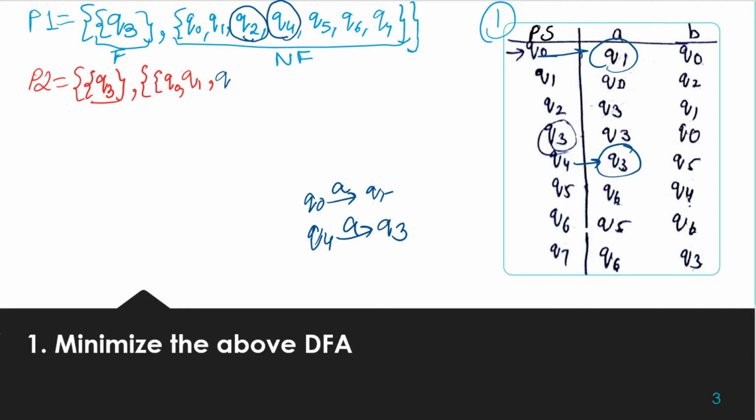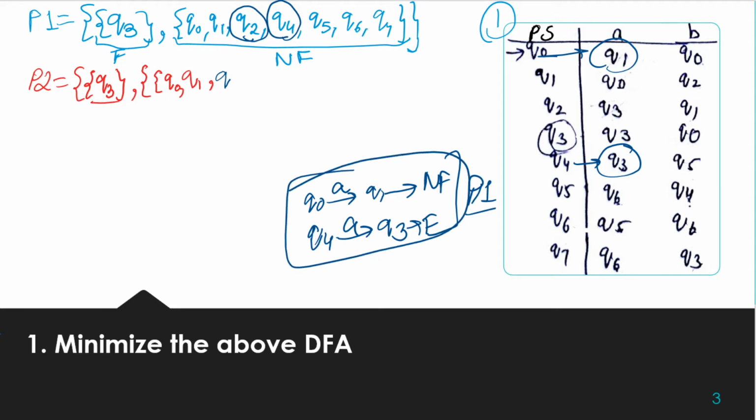Again, Q1 belongs to the group of non-final states, and Q3 belongs to the group of final states in the previous partition, that is partition 1. So we can say that Q0 and Q4 are not compatible for even A, and we need not go for the check with input symbol B. So we can conclude that Q4 cannot be placed in the group with Q0 and Q1.